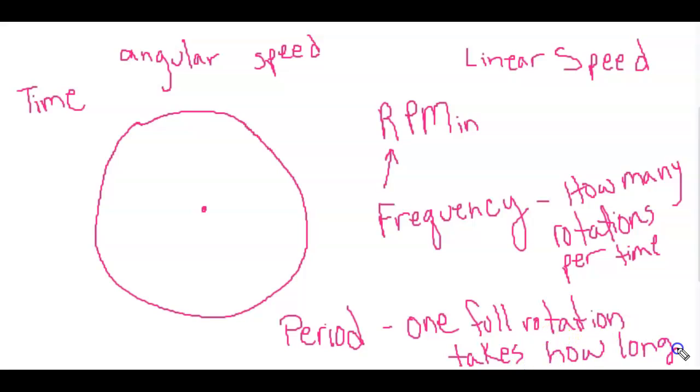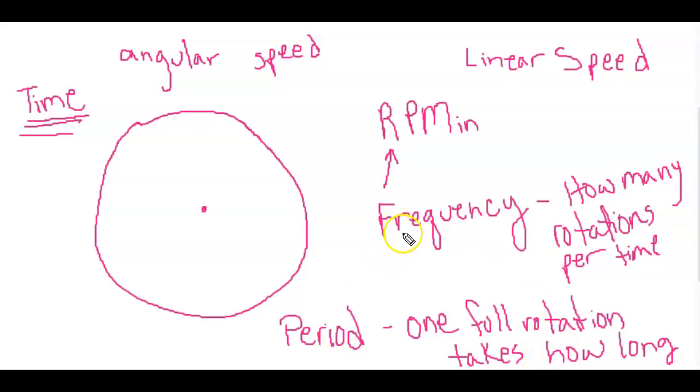So when we talked about the period yesterday, we knew it was one full rotation, but we were talking about it in angles. It's 360 degrees to do one full rotation, or 2 pi radians to do one full rotation. But now we really want to think about the input as some kind of time. So the period is how long does it take to do one full rotation.